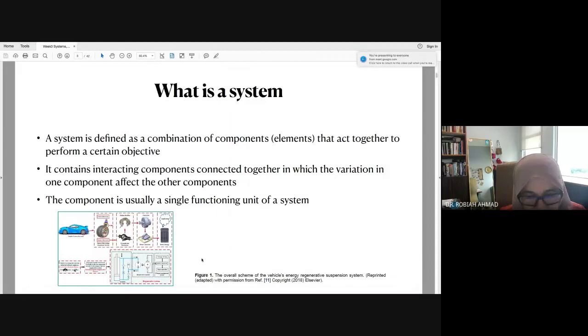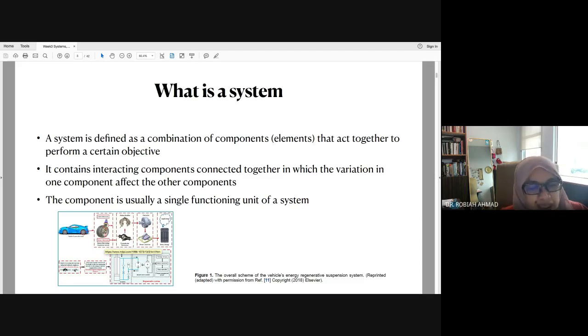For example, let us look at figure 1 here. I adopted it from this reference. This is an example of the vehicle's energy regenerative suspension system. In this system, we have components or elements, for example energy harvesting, meaning the system converts motion into energy.